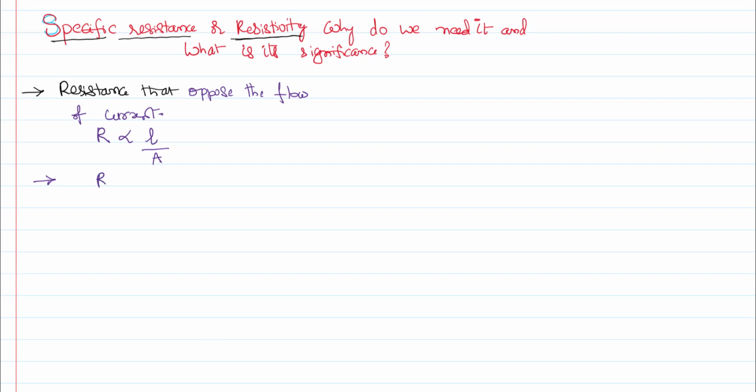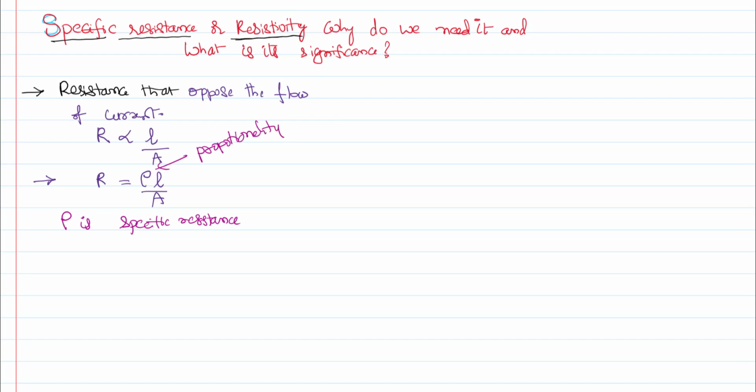To avoid that problem, we eliminate this proportionality and put a constant called rho, which is called specific resistance or resistivity. But be careful, here rho is a proportionality constant.